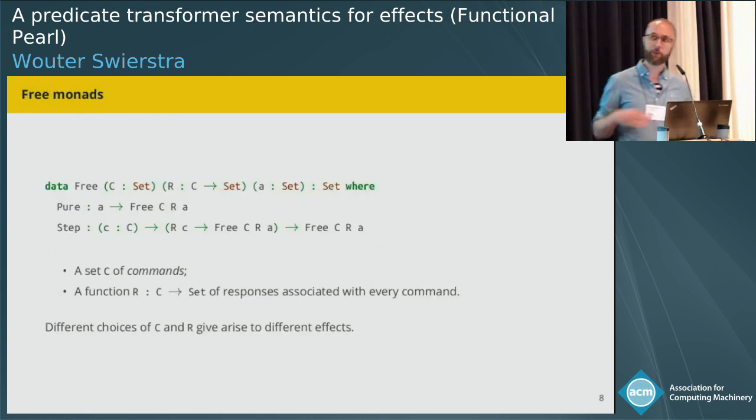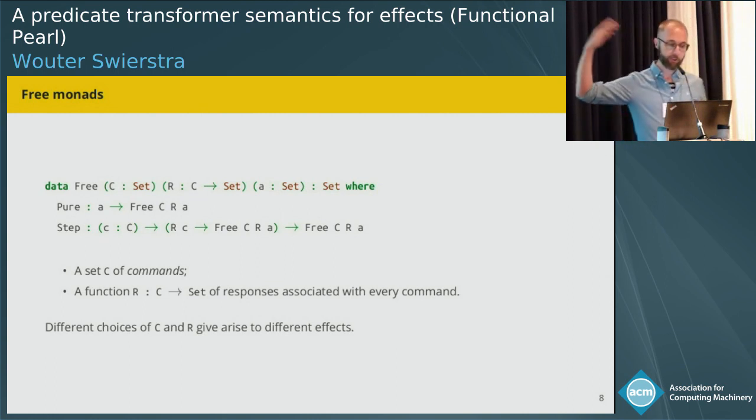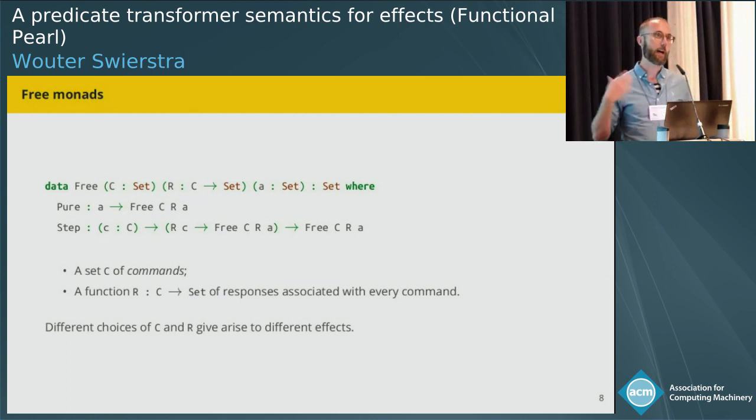So I can give a free monad in the container style, where I define a data type which has 3 parameters, a C of type set, and this describes the kinds of operations I'm allowed to use. These can be operations like get or put, or branch if you have nondeterminism, or abort. And on top of that, I have the responses telling me for every command what's the return type that I get by issuing this command.